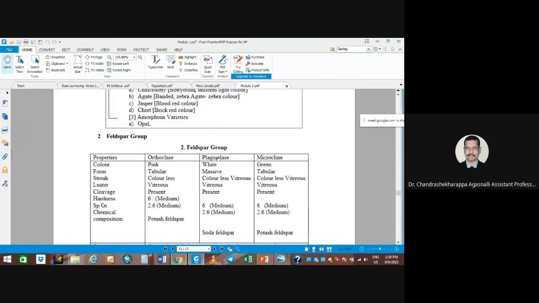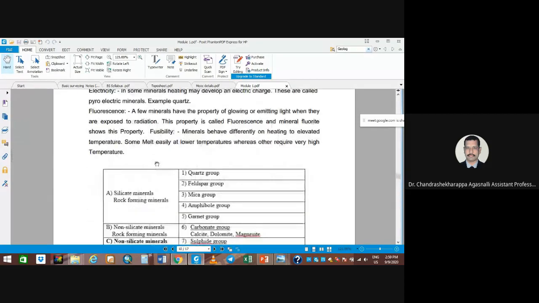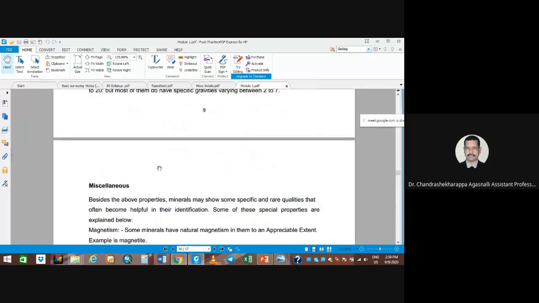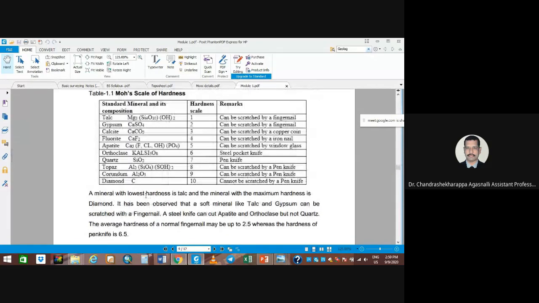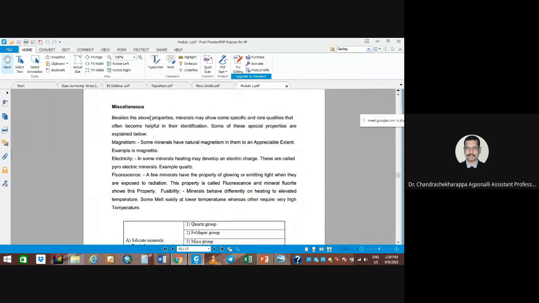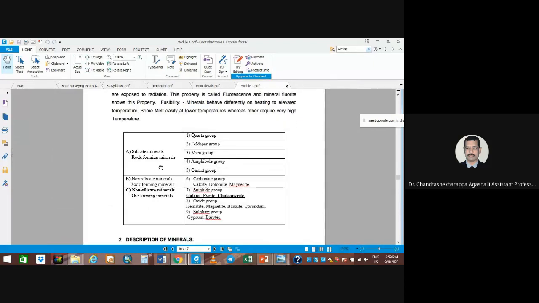Before going to the feldspar group of minerals, here we have reached up to this level. The entire mineral group we have divided into three: silicate minerals, non-silicate minerals, and non-silicate ore minerals.